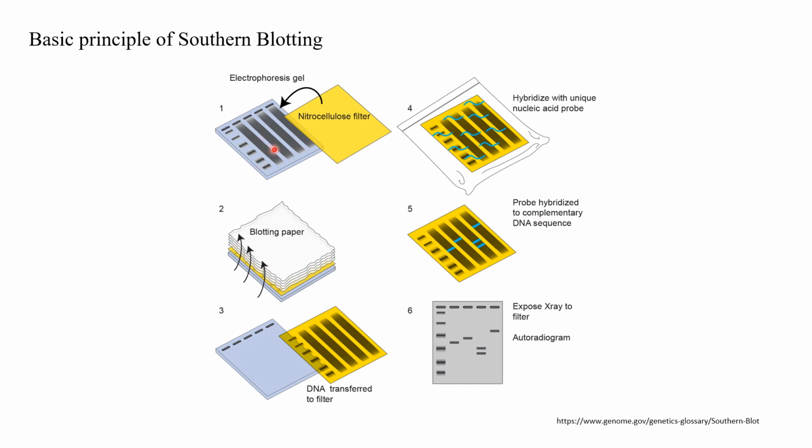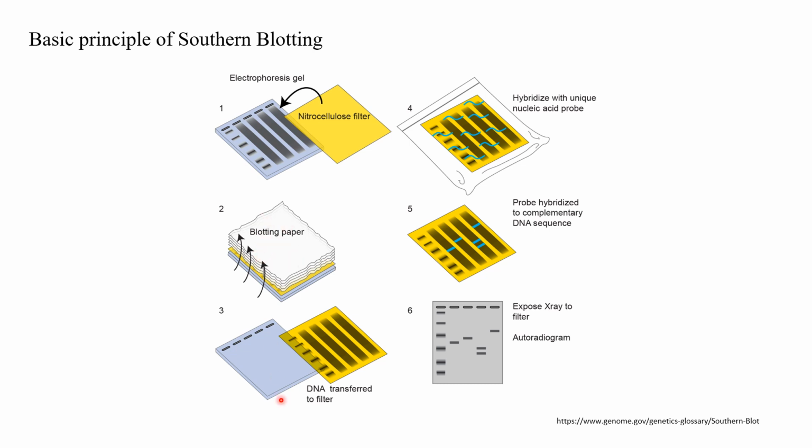The technique involves the transfer of electrophoresed DNA from the electrophoresis gel to a nitrocellulose membrane. The nitrocellulose filter is then sandwiched between the gel and a stack of paper towels, which draws the transfer buffer from the gel through capillary action.